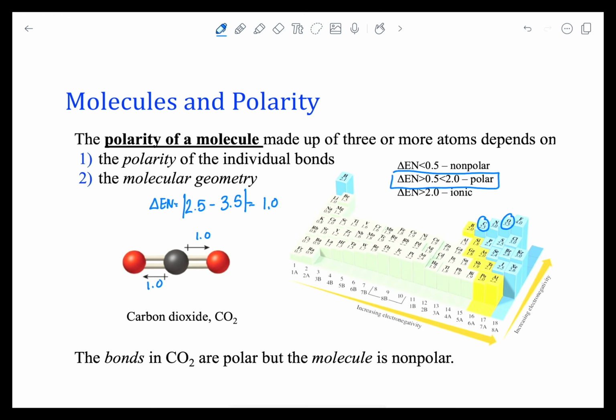So if we think about symmetry and geometry, if I were to draw a line right down the center, these would be equal on either side. So the polarity of those bonds cancel each other out. It's like playing tug of war. The electrons are being pulled this way and this way, but with equal strength. So no one's going to win that tug of war. So overall, this molecule is nonpolar.